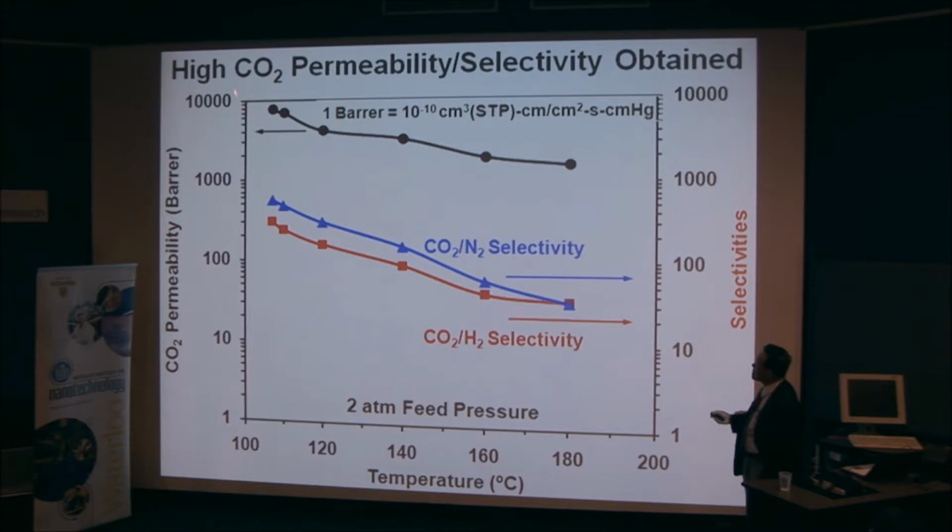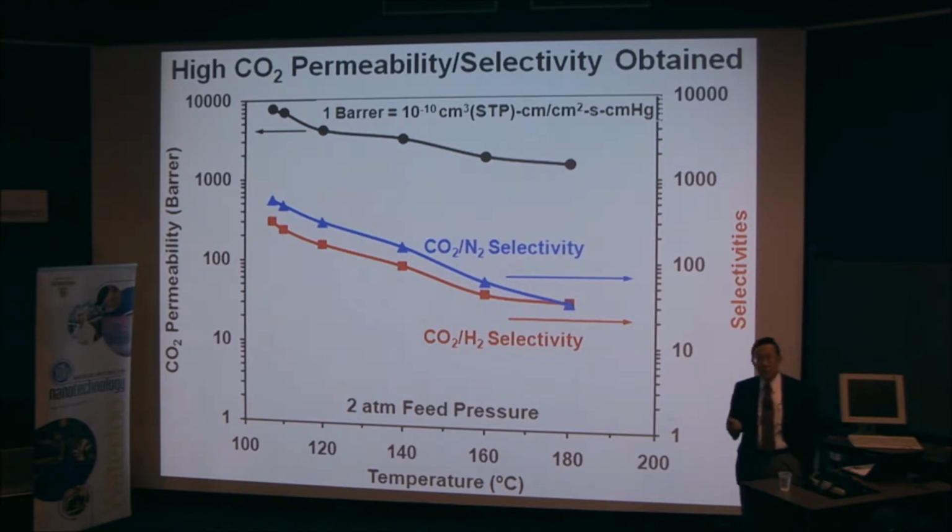So the permeability is very, very high when the temperature is not too much higher than 100 degrees Celsius. But when the temperature increases to much higher, the permeability reduces. And that's because the membrane's ability to retain the water molecules inside the membrane reduces as the temperature increases. When you go too much higher than the boiling point, water molecules want to come out.